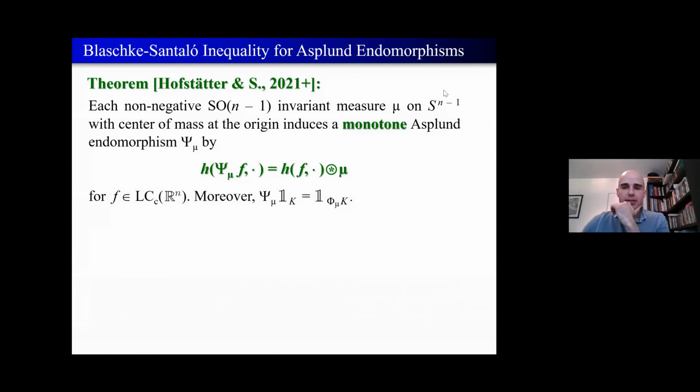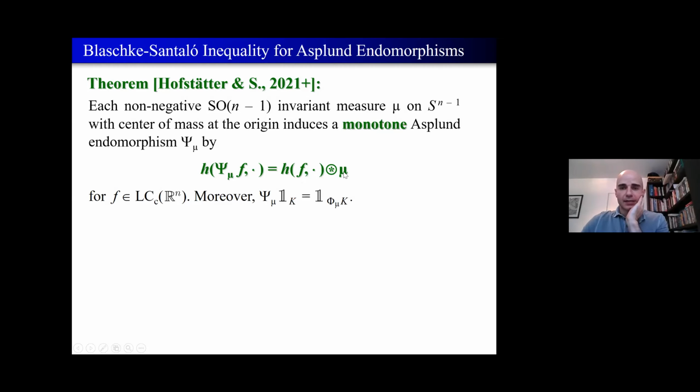Okay, and then we had two results. One is kind of a generalization of the result of Kiderlen. We have this very large family of monotone Asplund endomorphisms generated by an extension of the spherical convolution that I'm not going to explain.